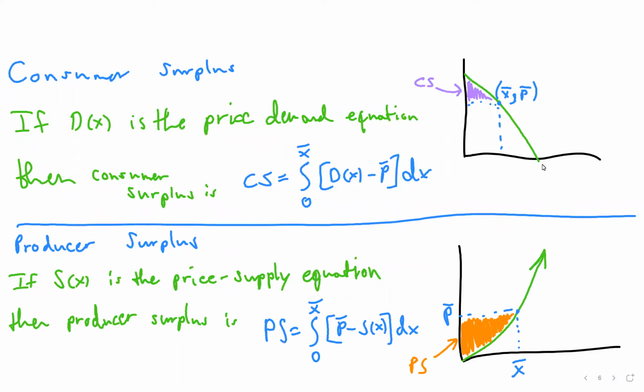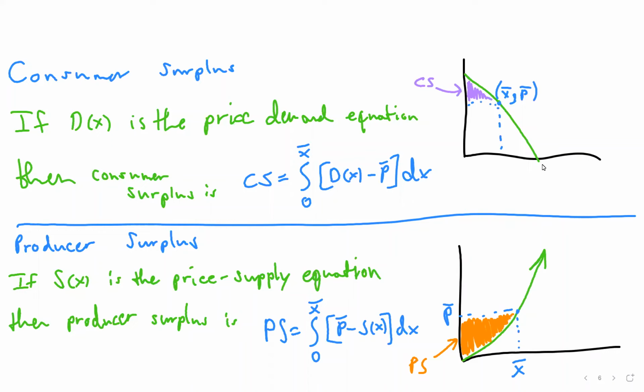Now let's talk about consumer surplus and producer surplus. So consumer surplus is basically the concept of how much more a consumer would be willing to pay if you were changing the price to match what they're interested in paying for.